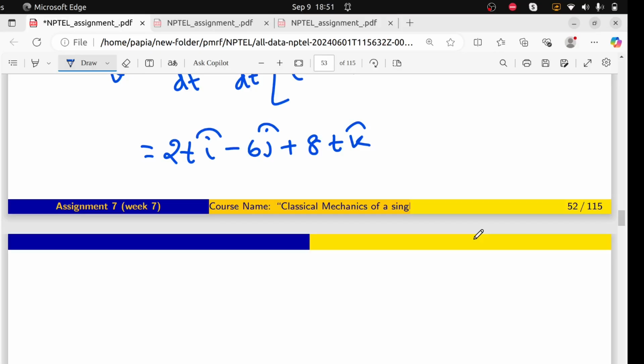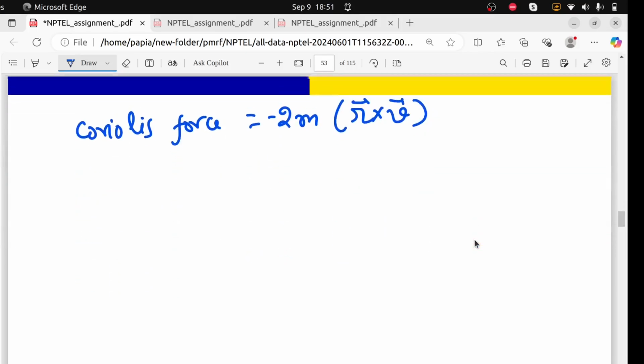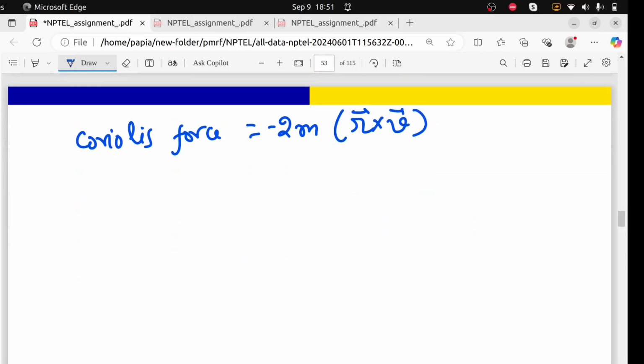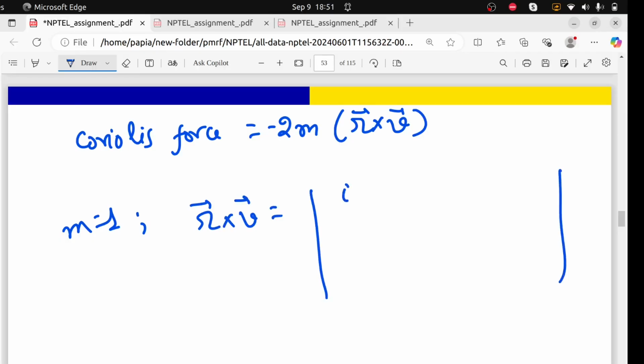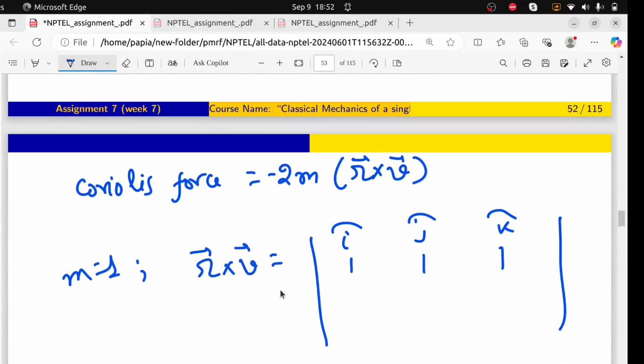Now coming to the Coriolis force, this will be minus 2m omega cross v. Now I have all the values with me, so m is 1. First I will calculate omega cross v: i cap, j cap, k cap, omega is 1, 1, 1, and v is 2t, minus 6, 8t.